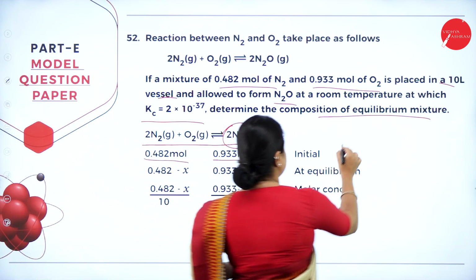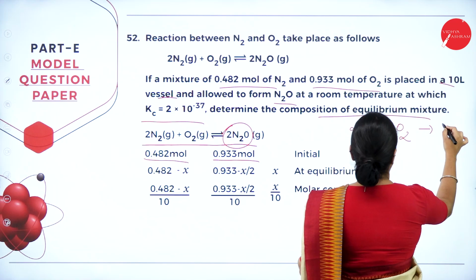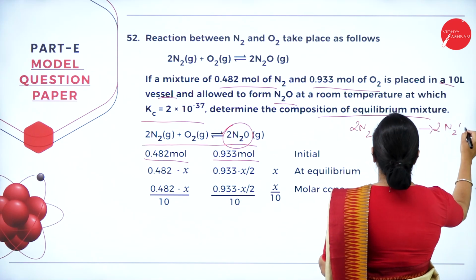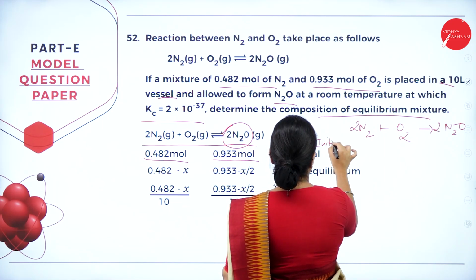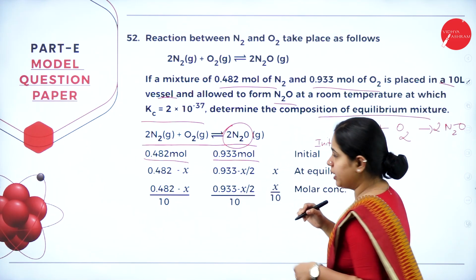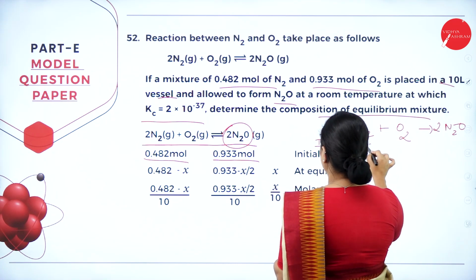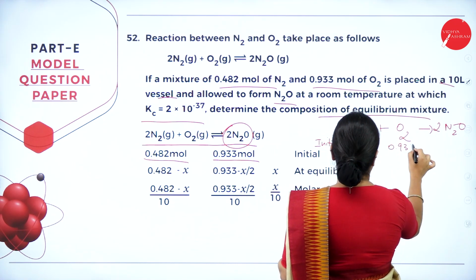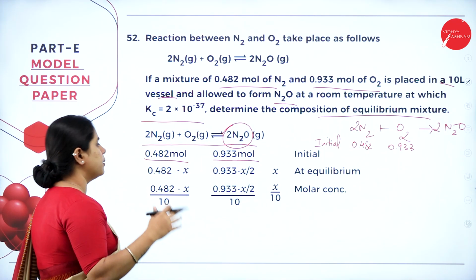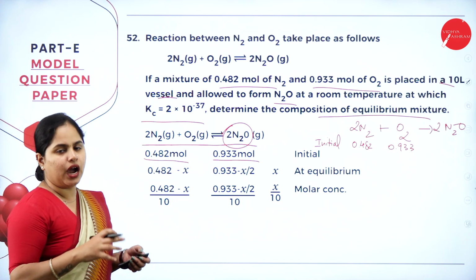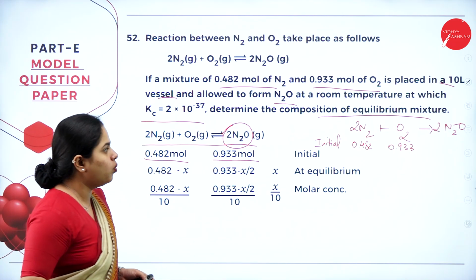So as you can see, 2N2 plus O2 giving 2N2O. Initially, before attaining equilibrium, you can see 0.482 and 0.933, and here nothing is formed because the product is not formed initially, right? Now after a while, after the reaction has proceeded and attained equilibrium, what happens?